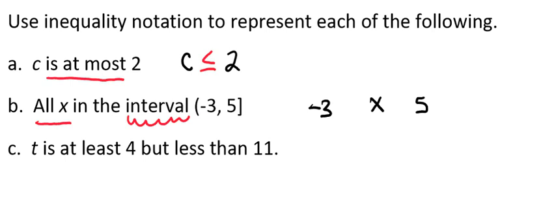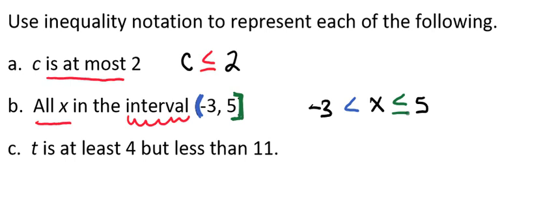If we think of our symbols, we have a parenthesis on the left-hand side, which means an open interval. And so we'll have here a less than sign. And over here we have a bracket, which means it is a closed interval. So here we will have a less than or equal to sign. So now we can see that x is between -3 and 5, where -3 is not included, but 5 is.